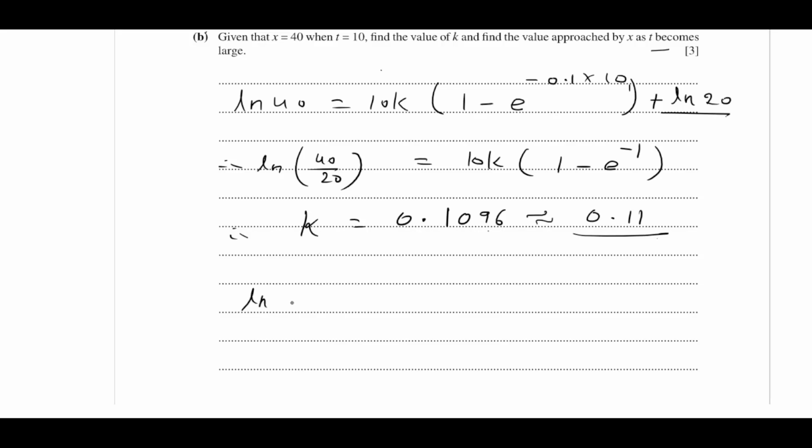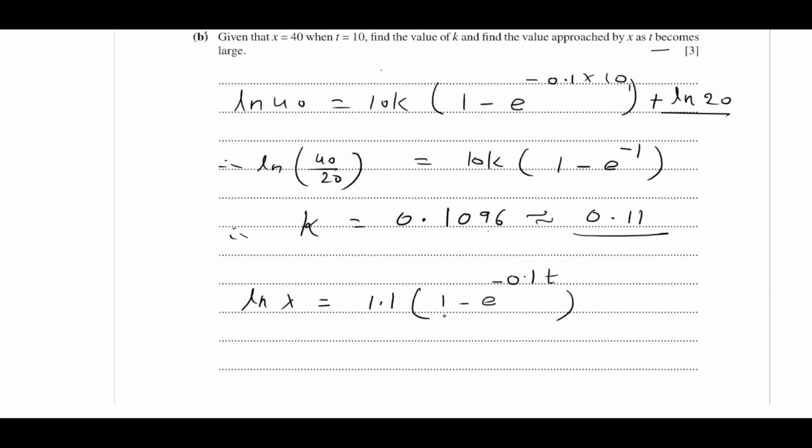Now I will rewrite this expression once again. So I have ln x equals, now I get the value of k as well, so 10k is 1.1. So 1.1 into, in bracket, 1 minus e power minus 0.1 t.